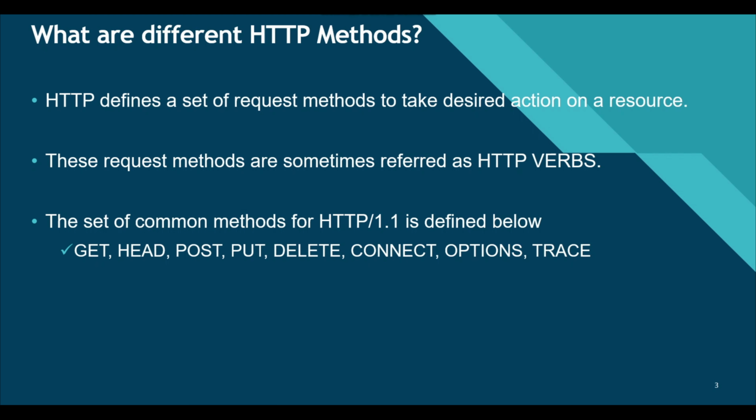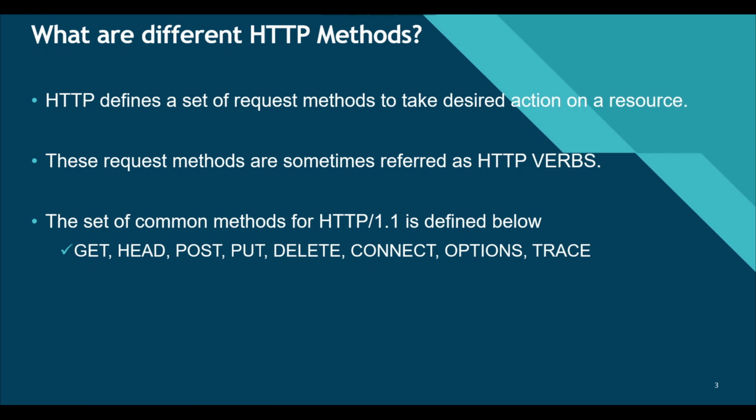Okay, let's start. So what different HTTP methods do we have? HTTP method defines a set of methods to take desired action on a resource. As we know, everything is a resource and we access those resources through a URL.